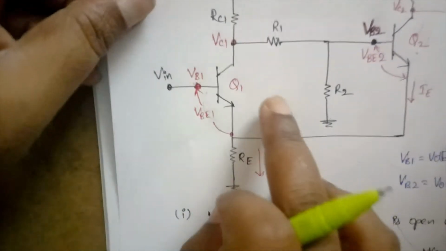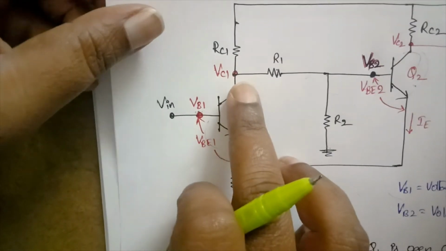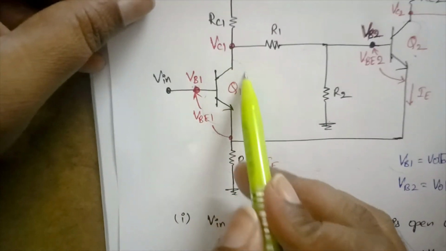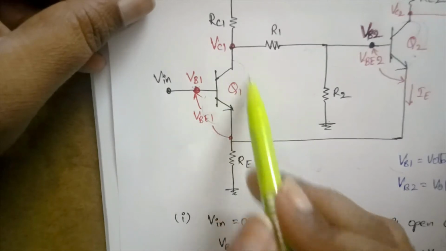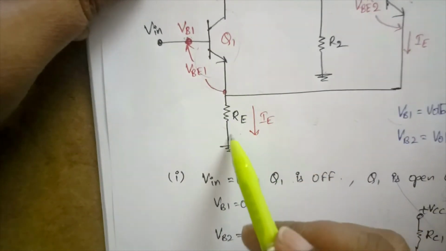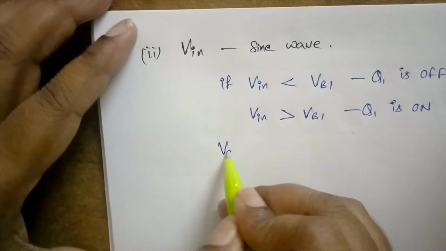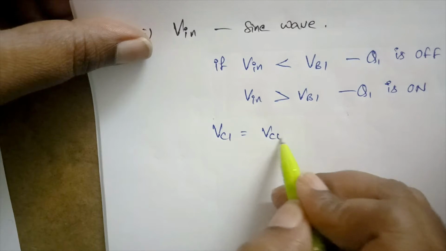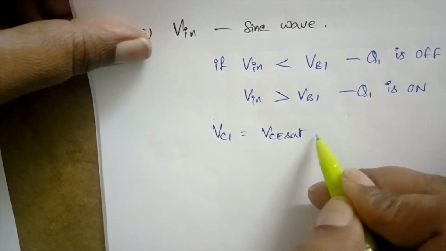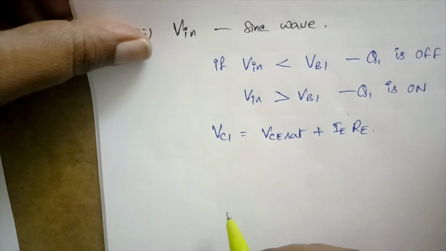Once Q1 is on, what about VC1? VC1 becomes the drop across the on transistor, VCE sat, plus the drop IERE.